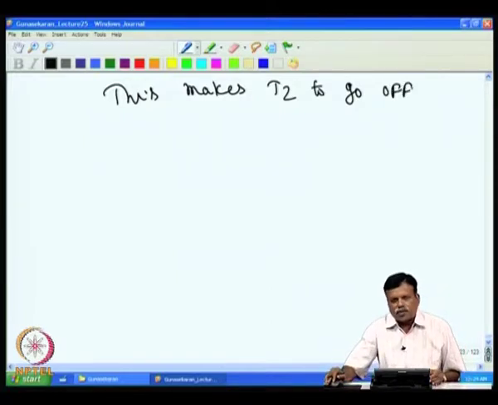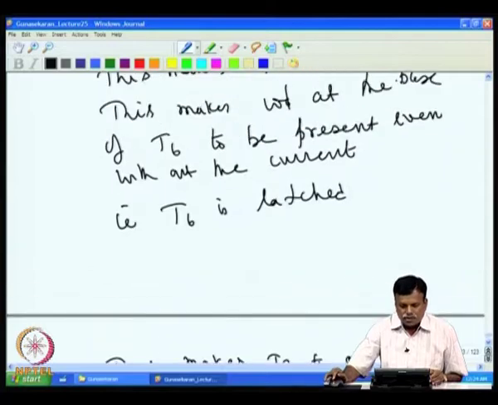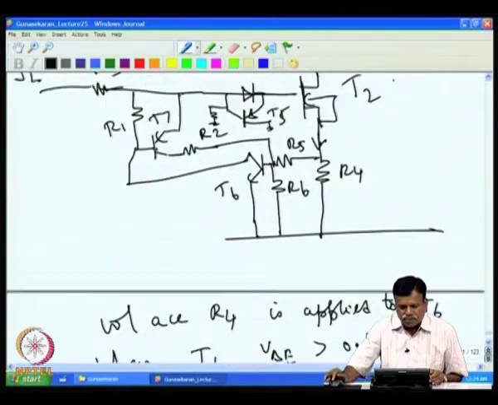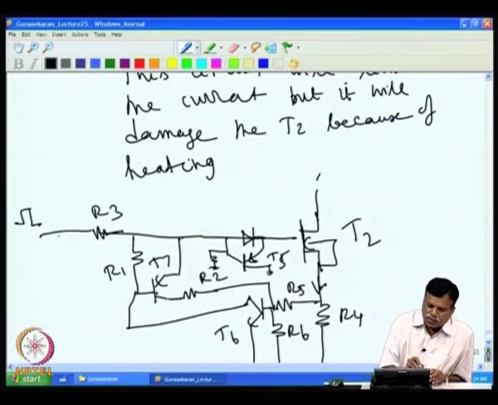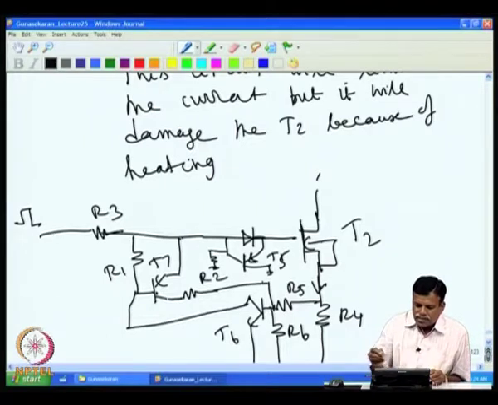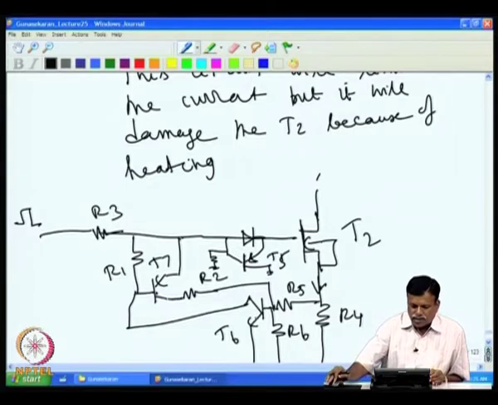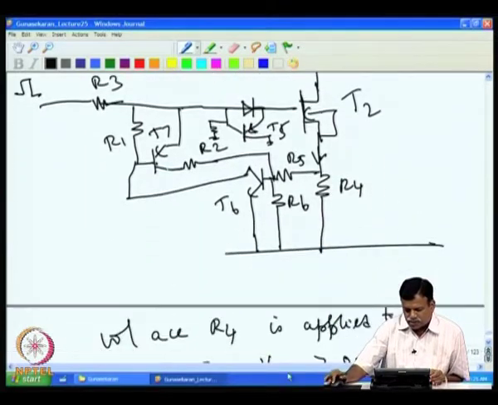This latch will continue up to the next pulse. When the next pulse comes, or when the pulse input tends to 0, then the latch is reset, because no current will flow through T7, and then the latch will be reset.